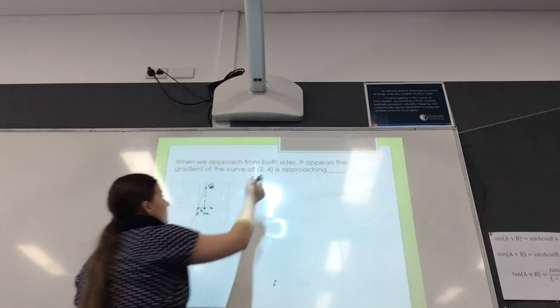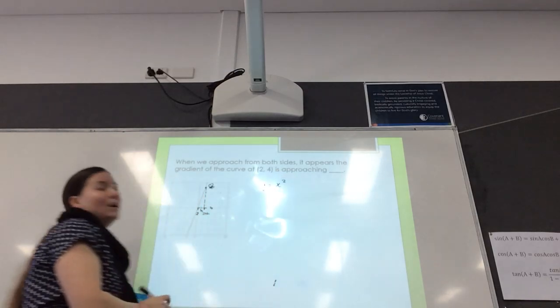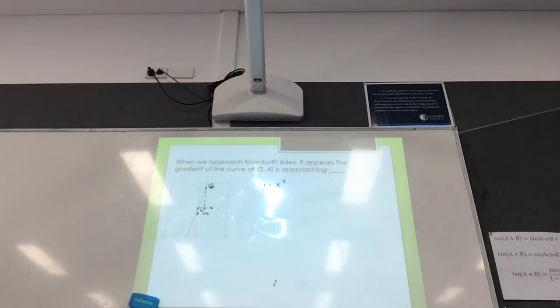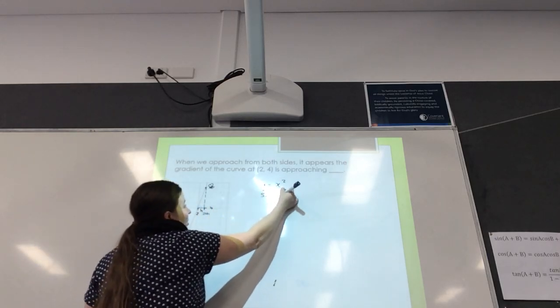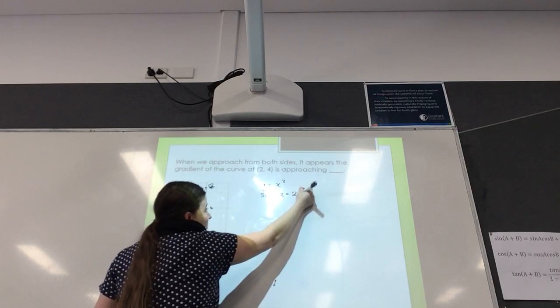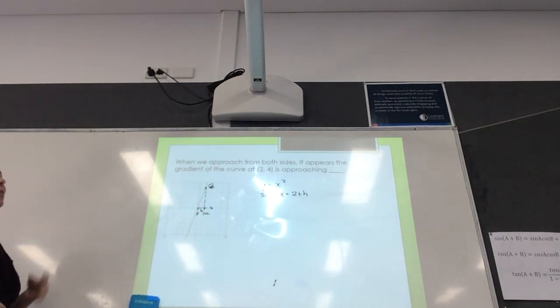Not Pythagoras. I don't know the hypotenuse. Substitution of what? What do I sub? Okay, so I sub that x is equal to 2 plus h. Are we happy with that? Okay, so what I'm finding is f of 2 plus h.